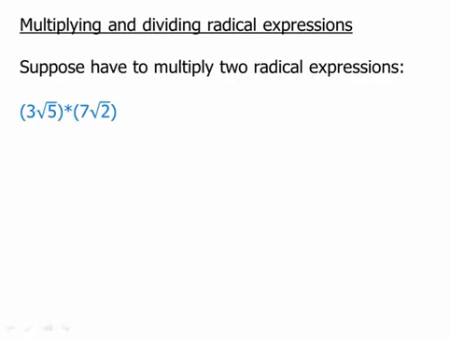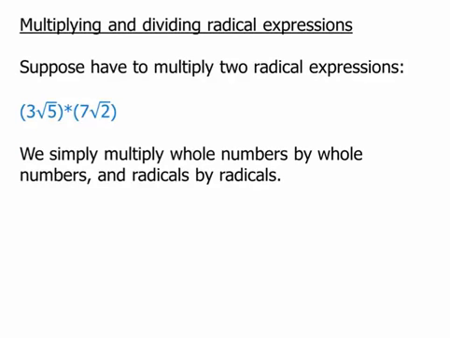So suppose we have to multiply two radical expressions. Now think about this. There's a lot of multiplication here. 3 times the square root of 5 times 7 times the square root of 2. So really what we have here are 4 separate factors multiplied together. Well, of course, these 4 factors can be grouped in any way.